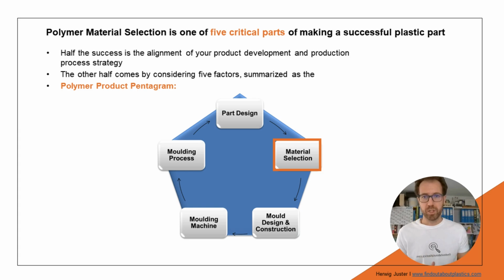Then we have the molding machine, selecting the optimal molding machine, and then the molding process, where based on which material you use, you need the right temperatures and the right molding. Then we can close the loop again towards the part design. So material selection is one of these 5 critical factors for making a successful plastic part.